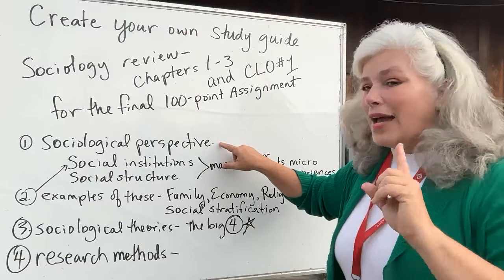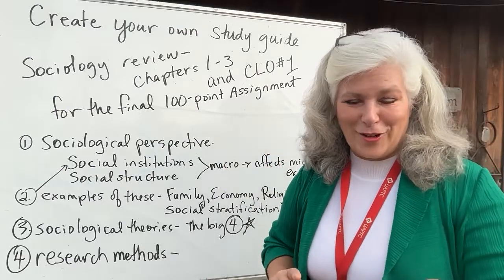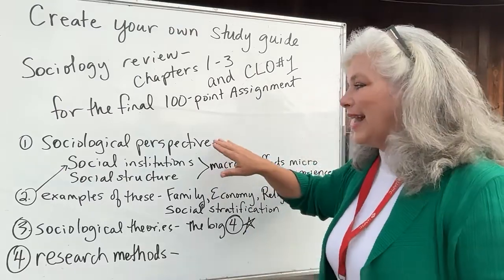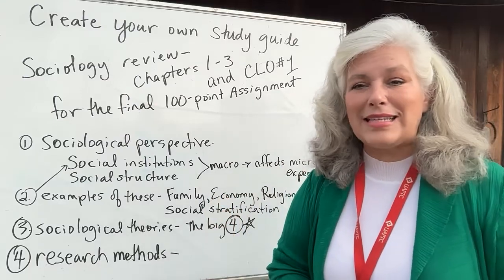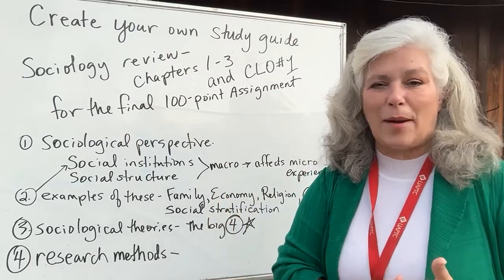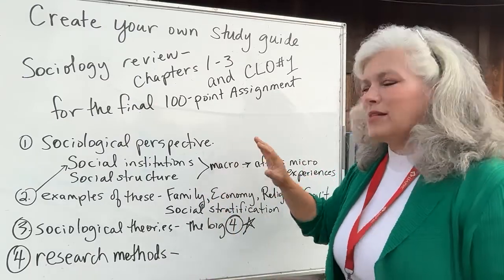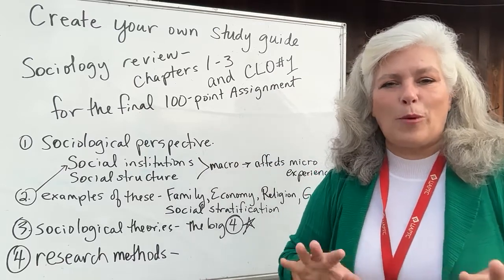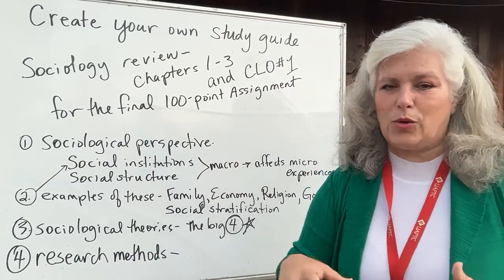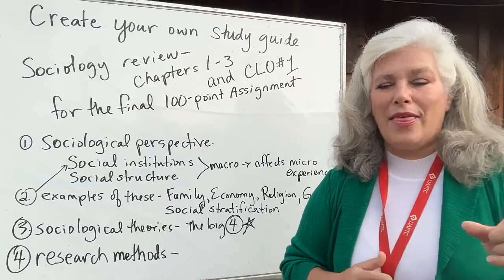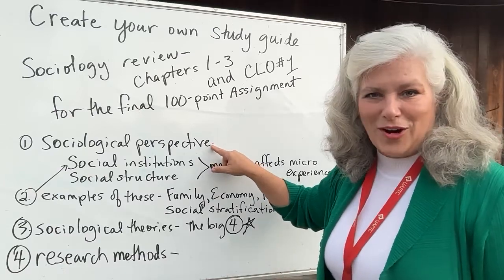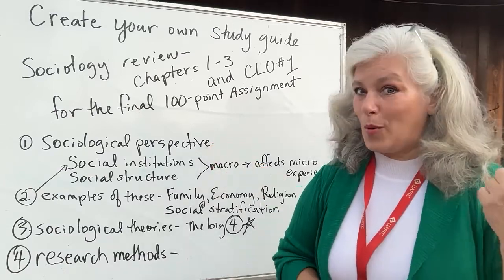So this is item 1 on the study guide that you're going to make for yourself, and you need to go back and get the definition at least and read the section in chapter 1 at least about the sociological perspective, so you are prepared to answer those multiple choice or matching or true-false questions that apply to this particular part of our course learning outcome number 1.